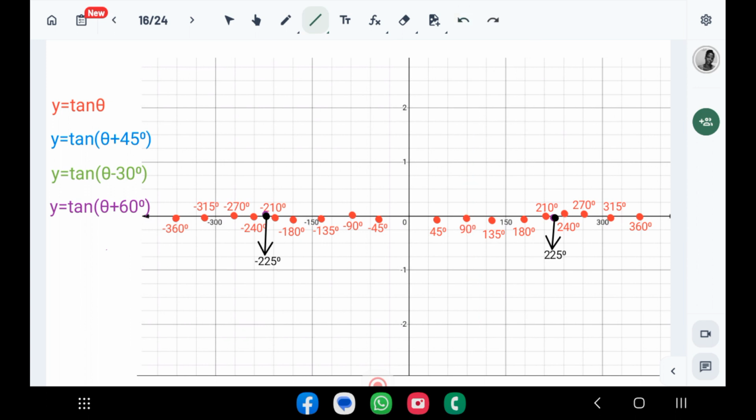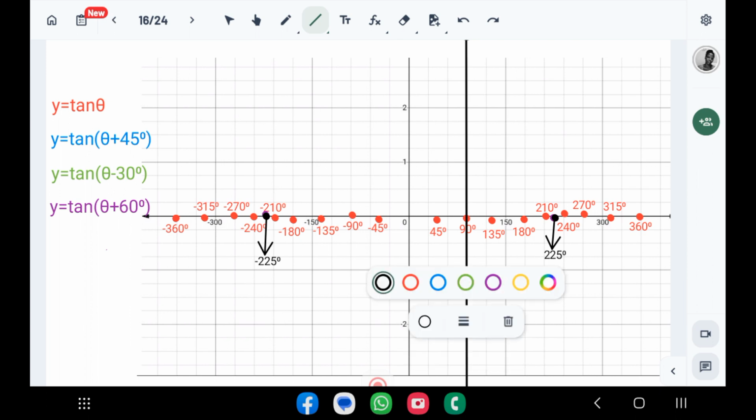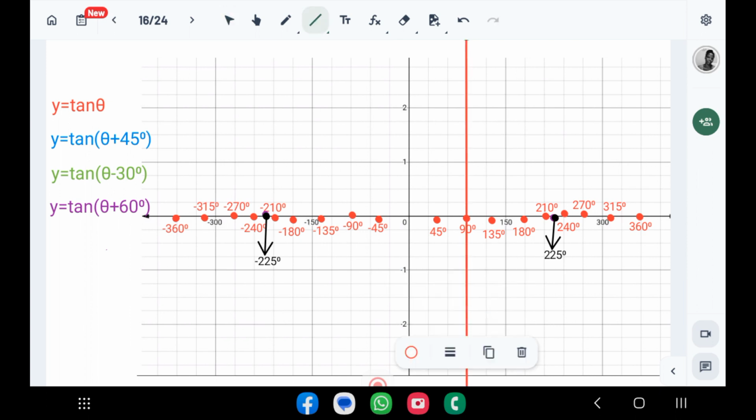Okay, let's draw the asymptotes. There is your 90 degrees. We're going to change that color to red so it matches the graph. And now let's duplicate this to the left hand side, minus 90 degrees. Now, in order to figure out the next asymptote, you add the period, which is 180 degrees.